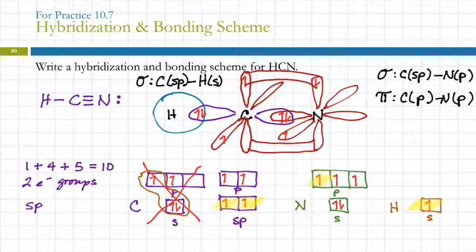So carbon has, let's check off these. So we used up one of those p orbitals and another one of nitrogen's, and now what we have left is a p orbital on the carbon and a p orbital on the nitrogen, and that's these guys that are sticking in and out.